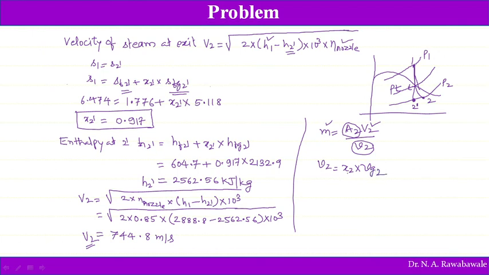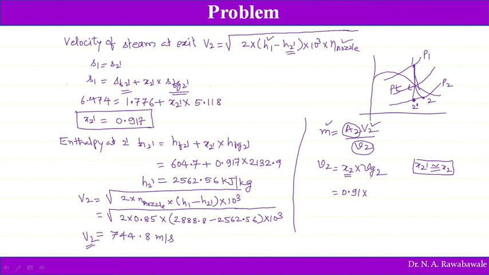So here x2 dash is obtained. x2 dash and x2 are very close to each other. Actually this is not going to be the same, x2 is little bit greater than x2 dash, but approximately the same. So here x2 is 0.91, assuming that x2 dash is equal to x2.